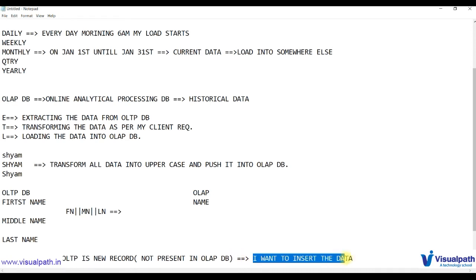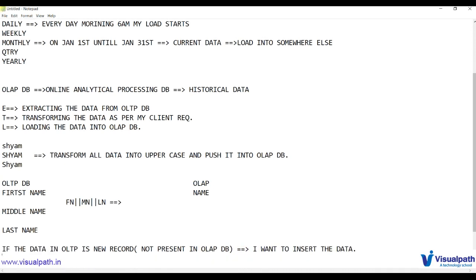So I want to insert my data. At the same time, one more logic: if the data in OLTP is an old record, meaning it's already present in the OLAP DB, then in this scenario I want to update the old record in the OLAP database. So this is what I want to do.